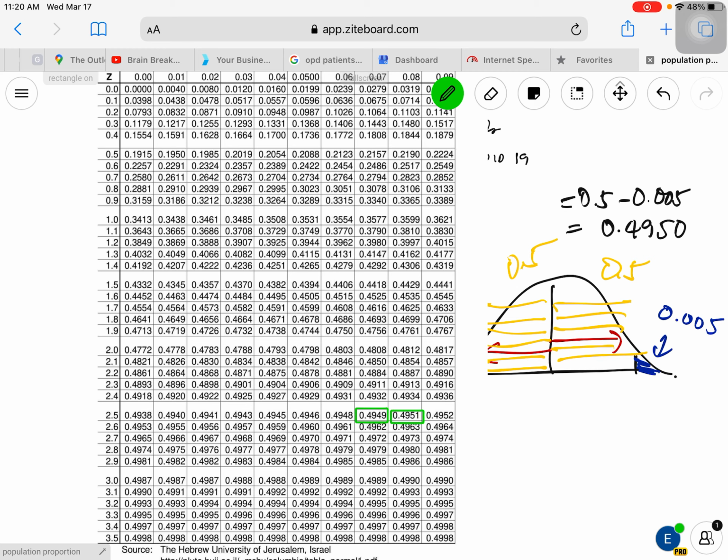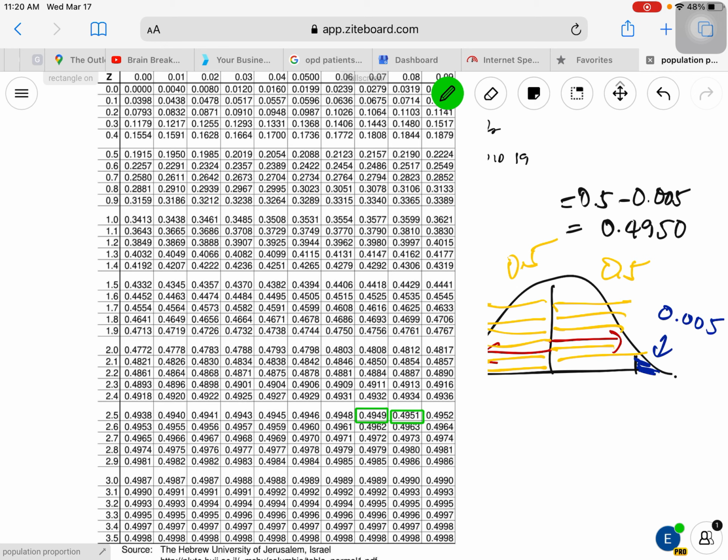So the z-scores that represent both areas are 2.57 and 2.58. If the differences of the areas in the z table from the area we're looking for, in this case 0.4950, are the same, then we have to find the z-score by interpolation.